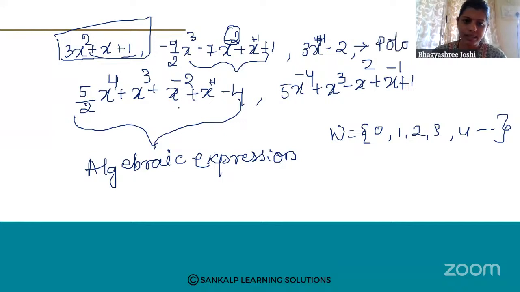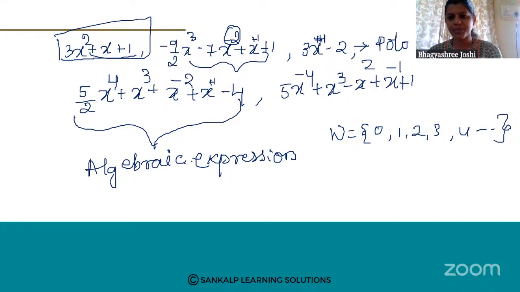And this is an algebraic expression, and this is also an algebraic expression. So what we can conclude is that all polynomials may be algebraic expressions, but all algebraic expressions cannot be polynomials.